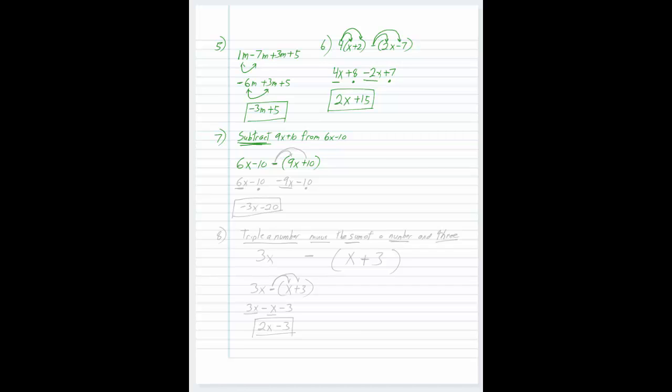I put the second part, 9x plus 10, in parentheses because that is a reminder for me that the minus, we're going to subtract both the 9x and the 10. Here's what I mean. This minus will change 9x into negative 9x, and we'll change positive 10 into negative 10.